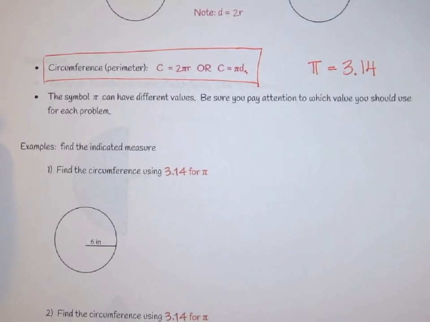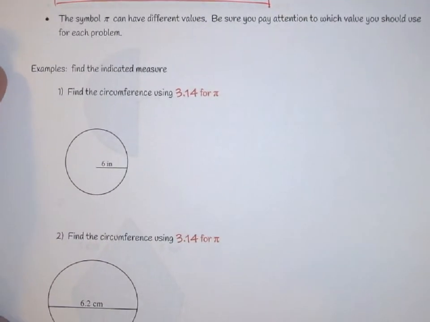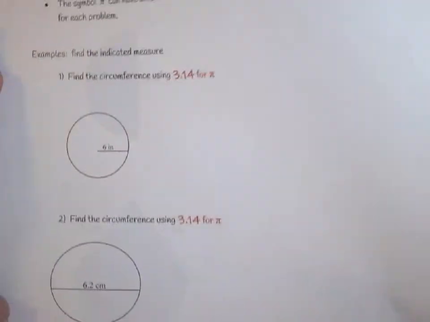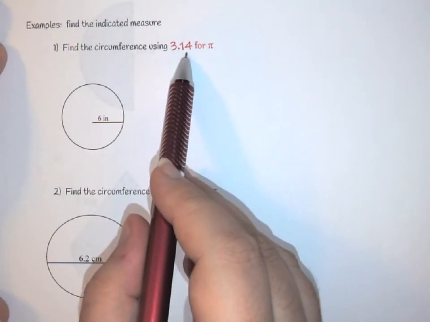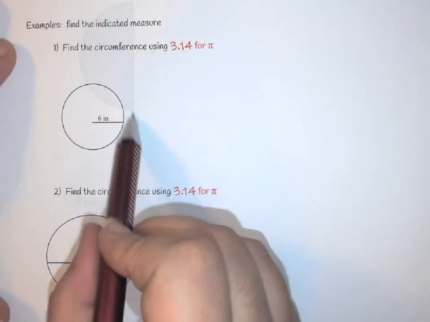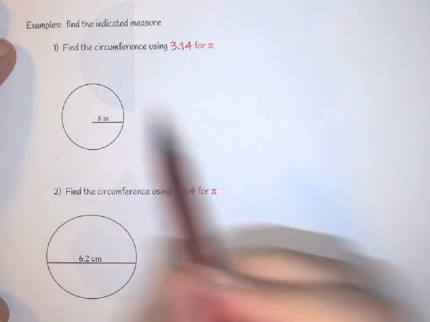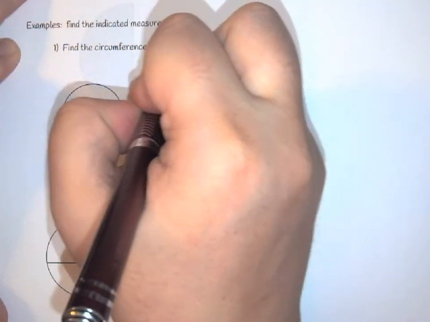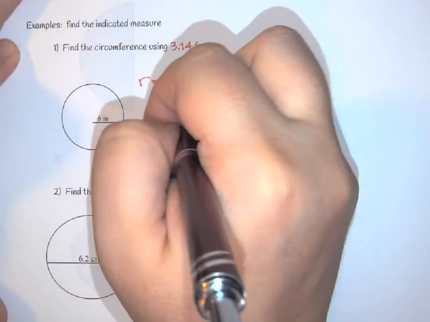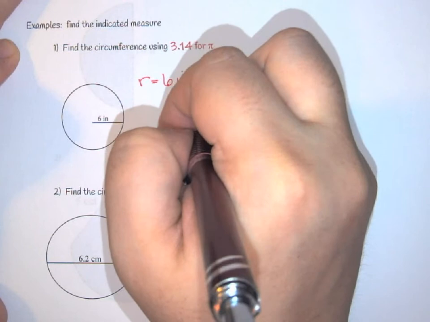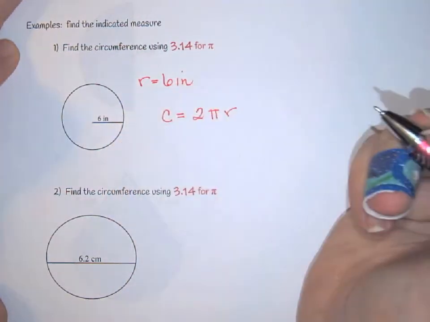So now here we want to find the indicated measure. And in this case, each problem is stating that we want to use 3.14 for pi. So find the circumference. In this problem, notice I'm giving you a radius. So I'm telling you that your radius is 6 inches. So to find your circumference says we're going to use 2 pi r.